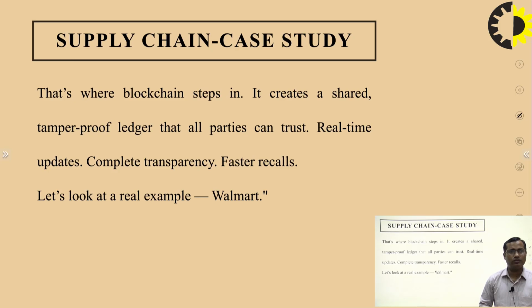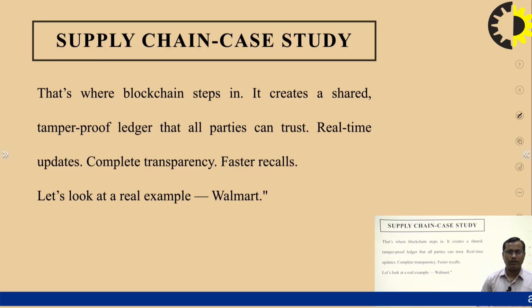The possible solution was maybe a portal where a stakeholder could update their information. But what is the guarantee that the stakeholder updates the correct information on the portal? If any stakeholder is not providing correct information to the web portal, the whole supply chain may fail.